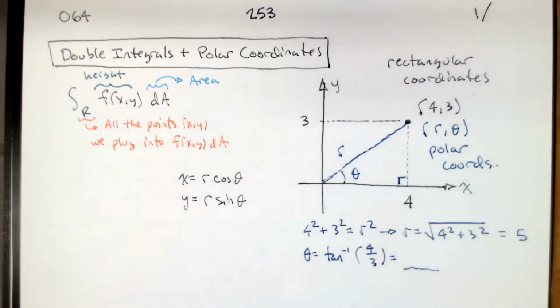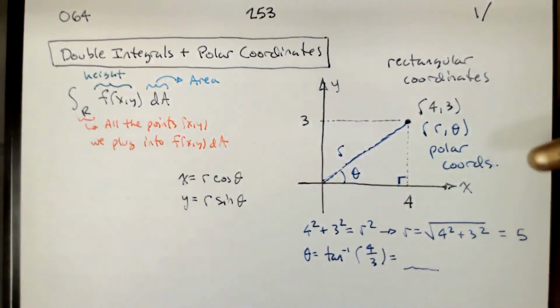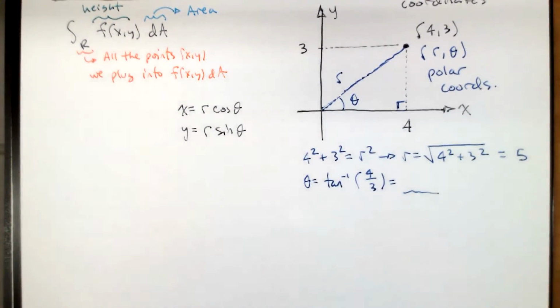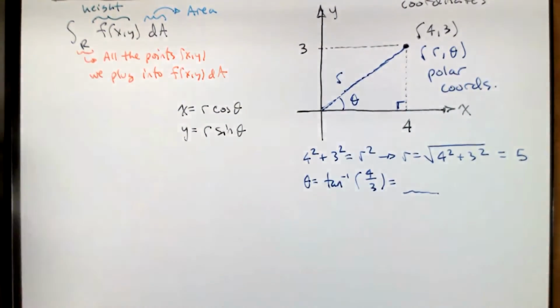Now let's look at the pieces that we need to take this polar coordinate stuff and add it to our double integral. The important piece that we're going for, the thing that we want to look at is what's the dA in polar coordinates.